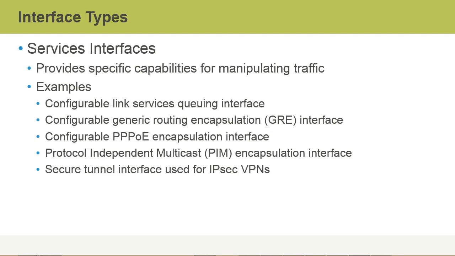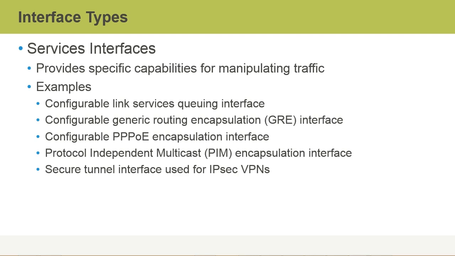Another type of interface that we see on Juniper devices is services interfaces. Services interfaces allow you to add functionality or networking services to the device through these interfaces. So they provide specific capabilities to manipulate the traffic. There's a number of different examples of services interface functionality that can be added to your device, and a lot of it deals with encapsulation of the data, so that the data is manipulated in a certain way.